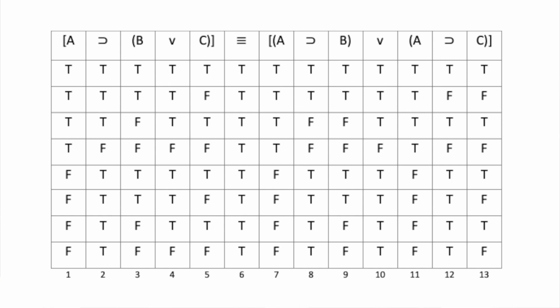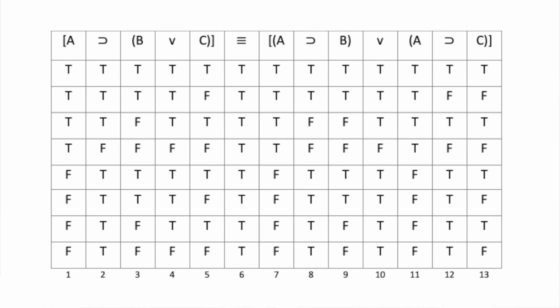Next, column 2, a conditional, using columns 1 and 4. Next, column 10, a disjunction, using columns 8 and 12. And finally, calculate the biconditional, the triple bar, which uses columns 2 and 10.